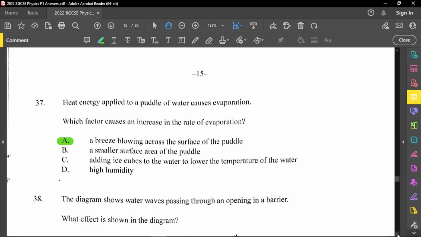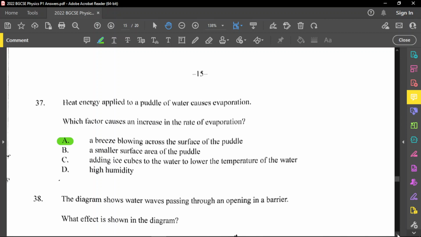Option A is the correct answer: a breeze blowing across the surface of the puddle increases evaporation simply because the wind will take away the evaporated liquid, or the gaseous form of the liquid, from the surface much more easily. It's just like when you hang clothes on the line: if you have more wind, the clothes will also dry faster because the wind takes away the evaporated water out of the clothes.